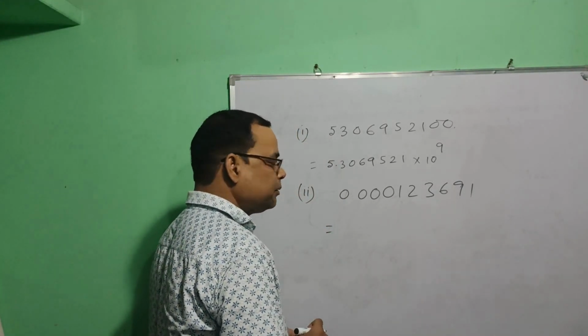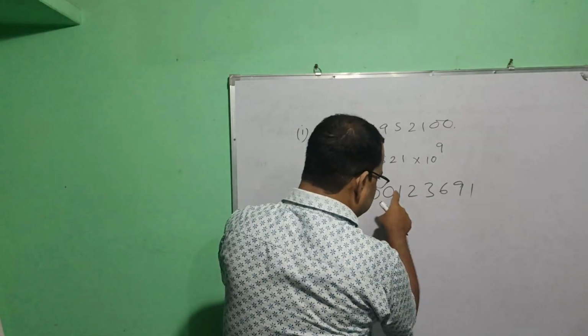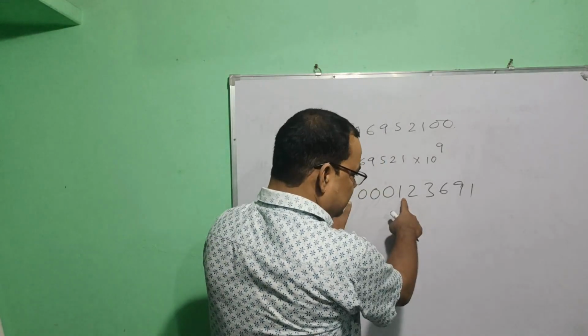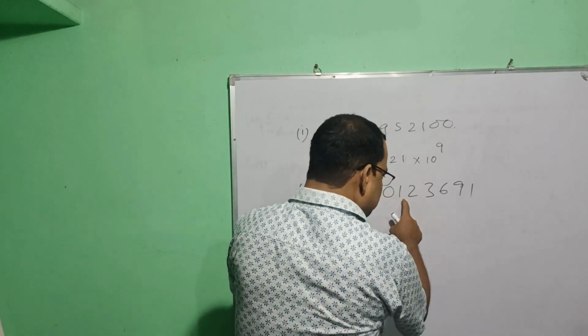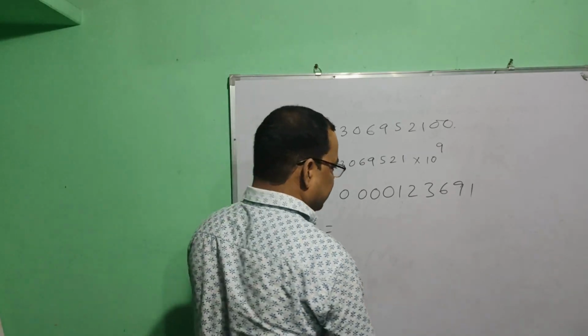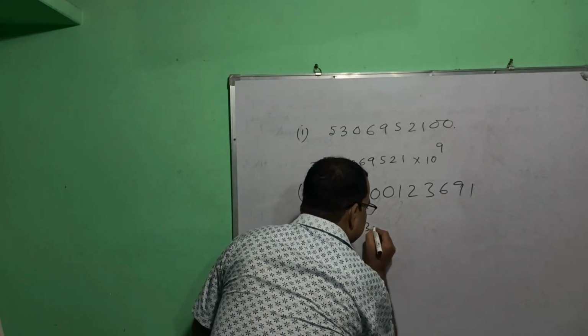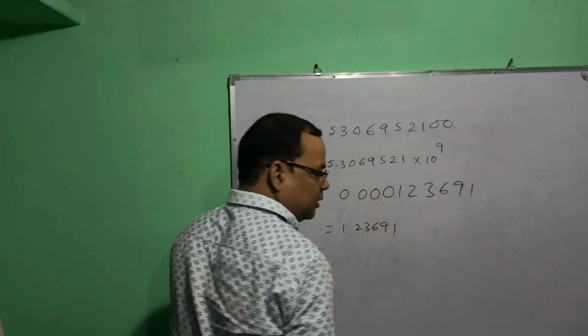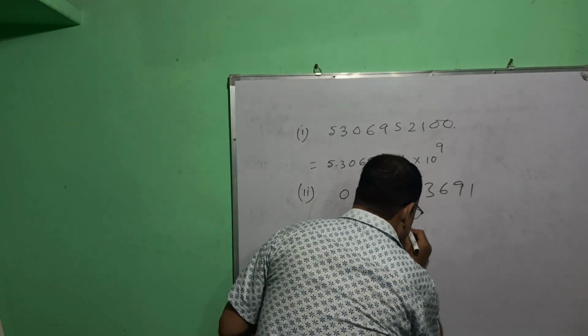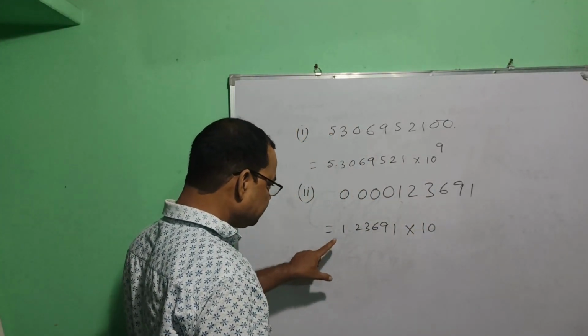First of all, what do we have to do? We have to shift the decimal to the place just after 1, so that the first part is 1 or more than 1 and less than 10. So we'll write 1.23691. This is our first part, and the second part will be in the power of 10.